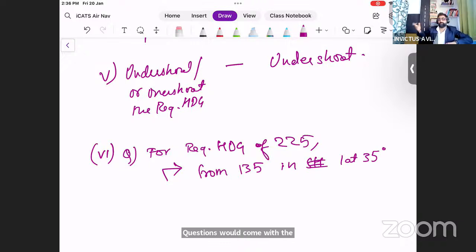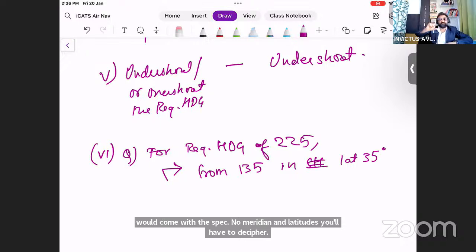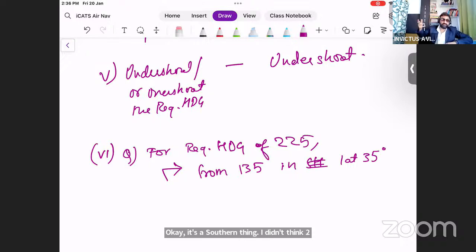You'll have to decipher, okay, it's a southern thing or it's a northern thing. Two variations for a similar question, two different answers. Right, students? At lat 35 degree and 131 degrees east, it doesn't matter. Meridian will not take any impact over here, only the latitude. South, okay?